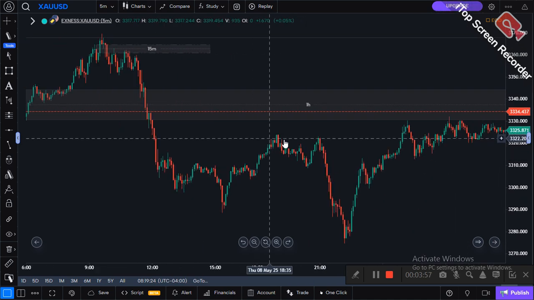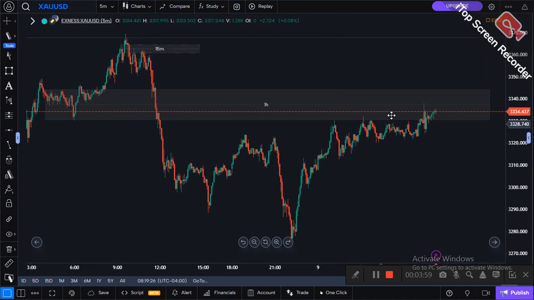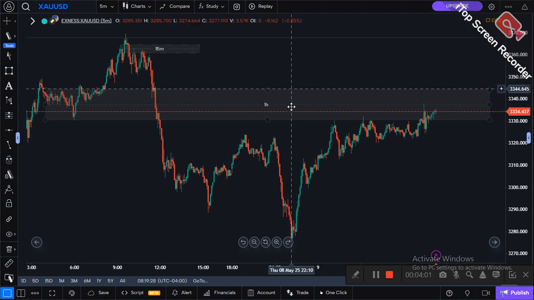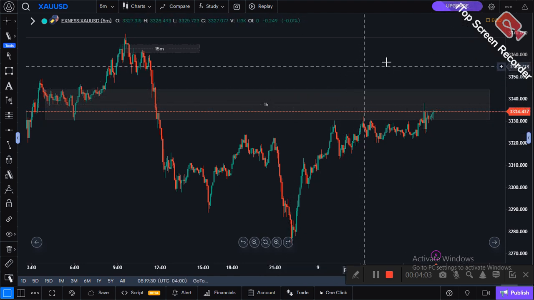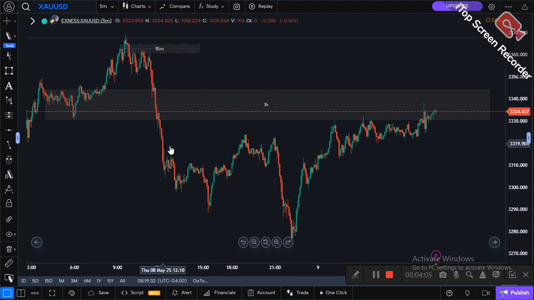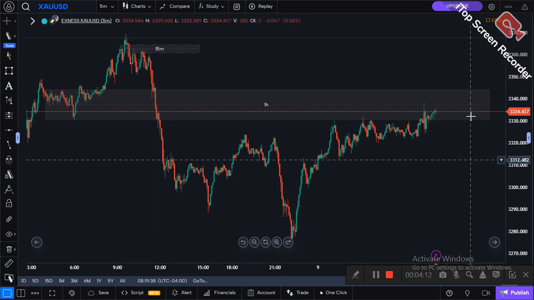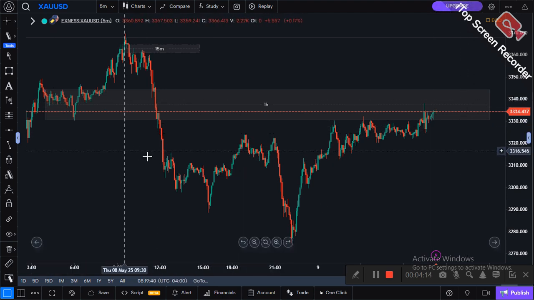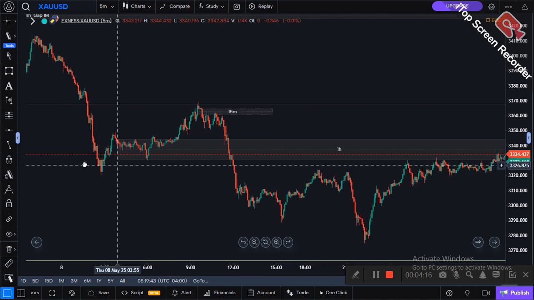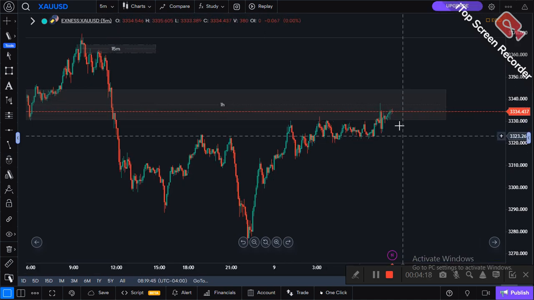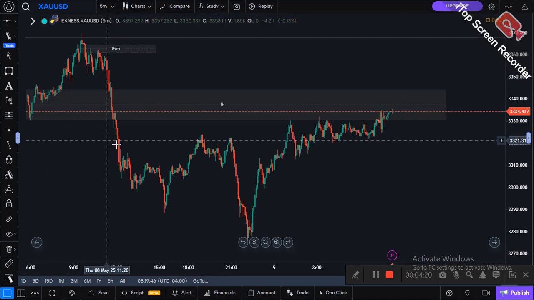It is not tapping in here. Again, it will touch that fair value gap, something like this. Again, we'll tap into the downside. Let's suppose you miss the entry from that level, then take it from that place into the 1 hour. It will again go into the downside to touch that.